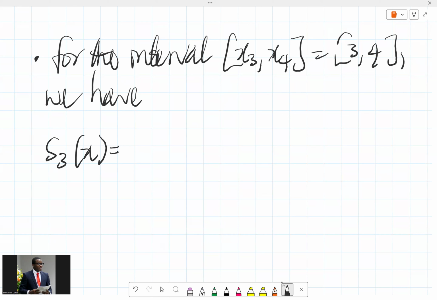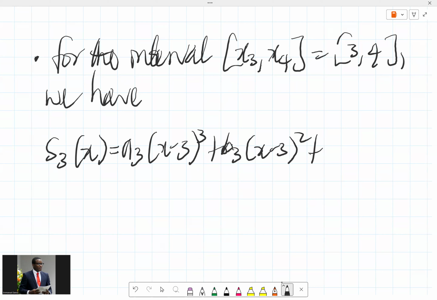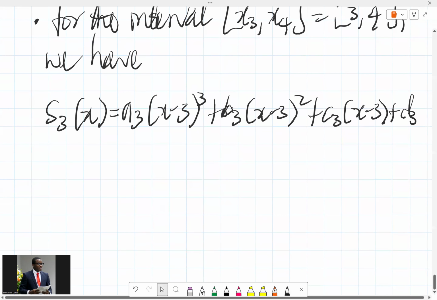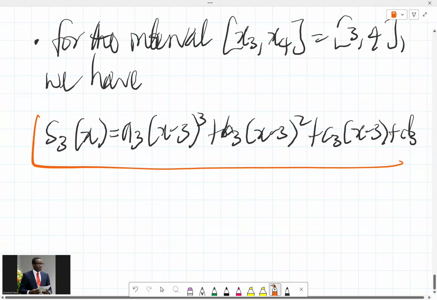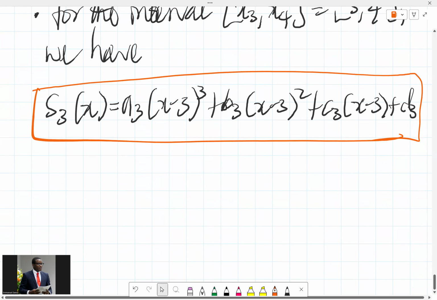It's just the data points we have. They could be 10, 9, 4, 5, 15, 22, anything. So S3(x) will be A3 into (x minus 3) cubed plus B3 into (x minus 3) squared plus C3 into (x minus 3) plus D3. That's now the last equation for the cubic spline that we need.